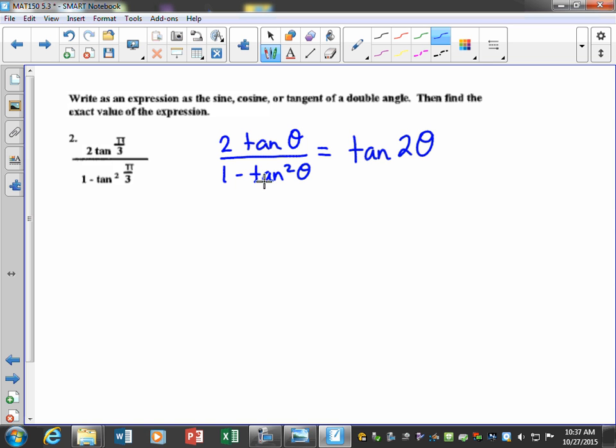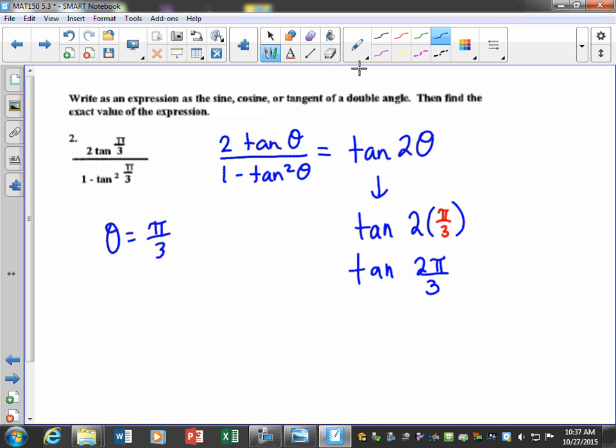Comparing these two, can you tell me what theta is going to be? Theta is pi thirds, right? So if that's the case, I can evaluate this by saying tangent of 2 times theta. I plug in theta and simplify that: tan of 2 pi over 3.